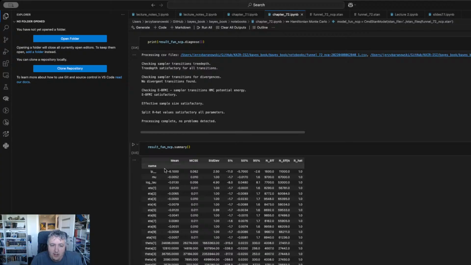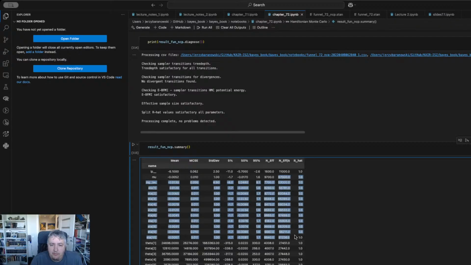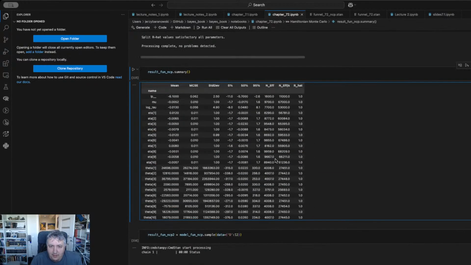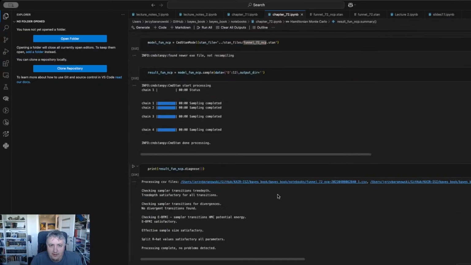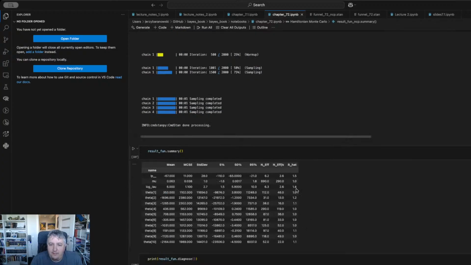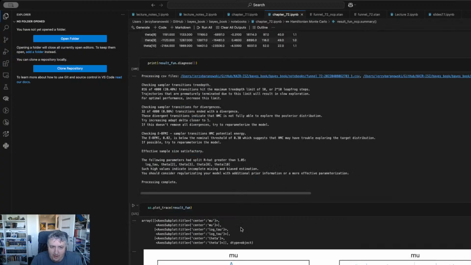As you can see, computing eta has an absurdly high number of effective samples. Every variable has an R hat of 1. Converted theta also has an R hat of 1. And in the previous case, we had some problems with R hats, right?